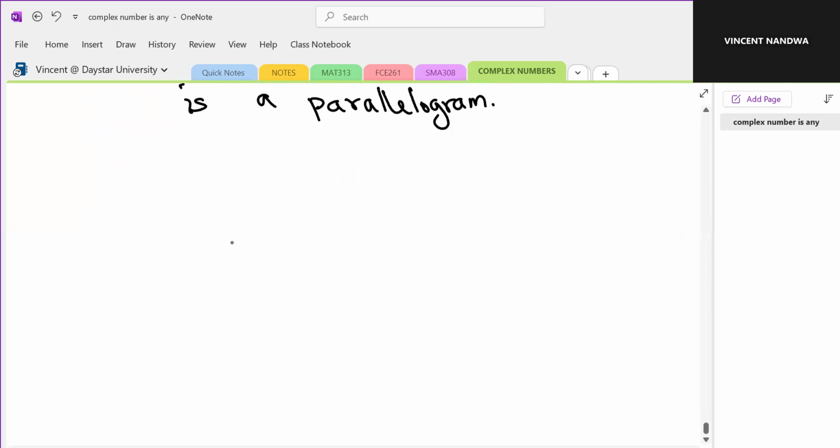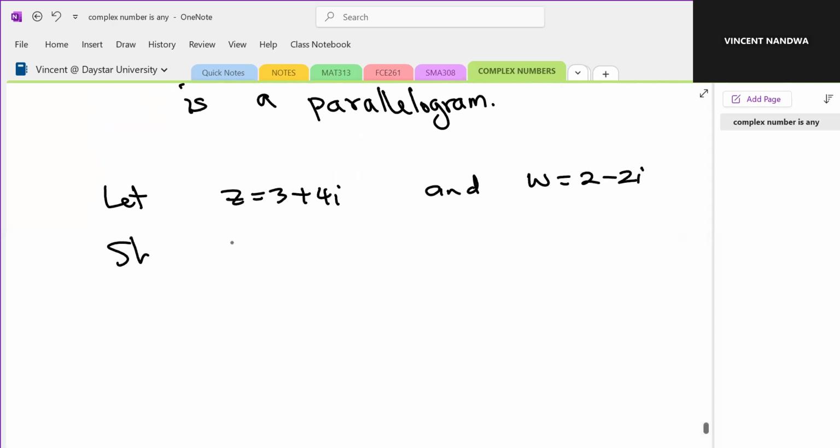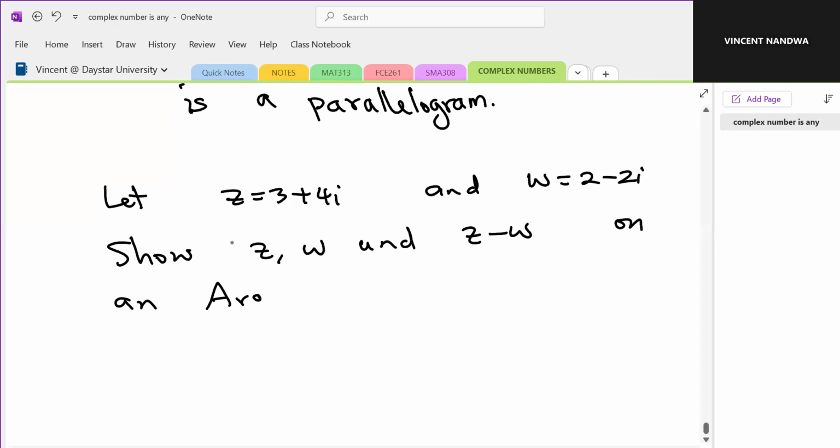Then last case, let Z be given by 3 plus 4i and W by 2 minus 2i. Show Z, W and Z minus W on an Argand diagram.